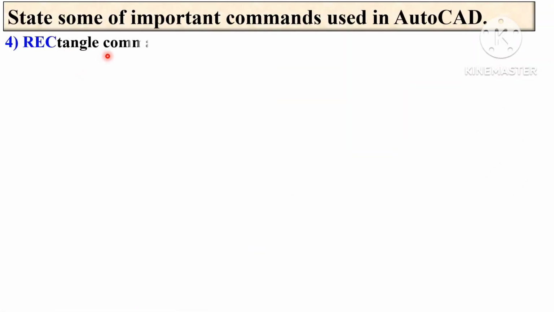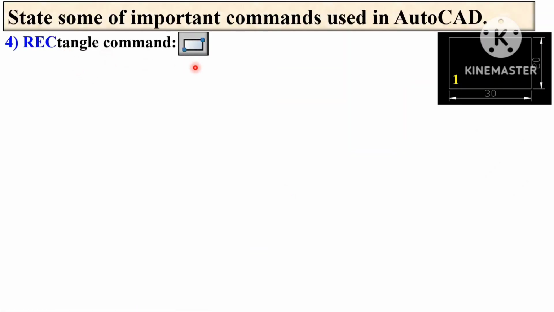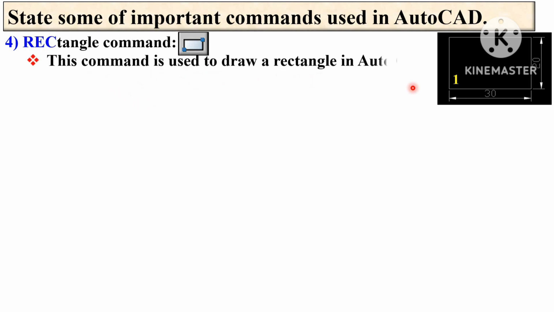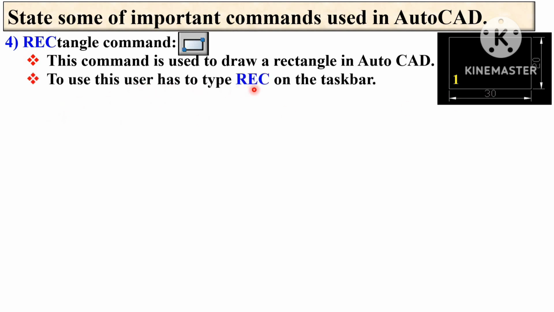Next command, rectangle. This is the symbol for the rectangle command. If you want to draw a rectangle like this, then you can use this rectangle command. This command is used to draw a rectangle in AutoCAD. To use this command, the user has to type REC on the taskbar. So REC is the short key for the rectangle command.